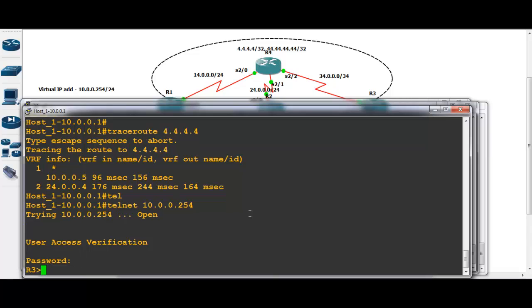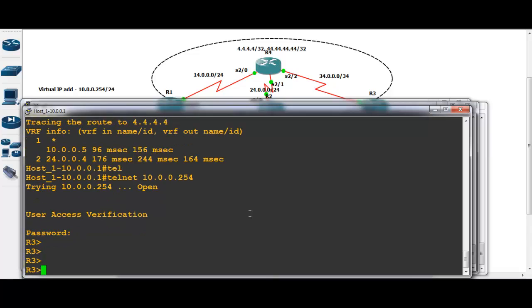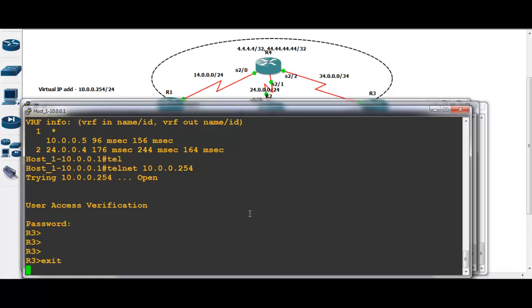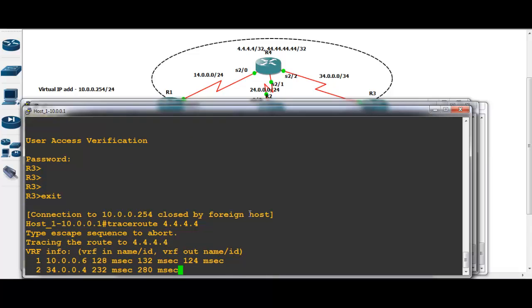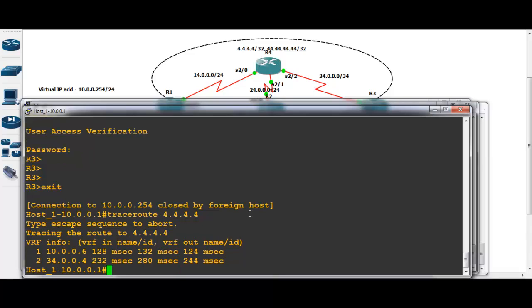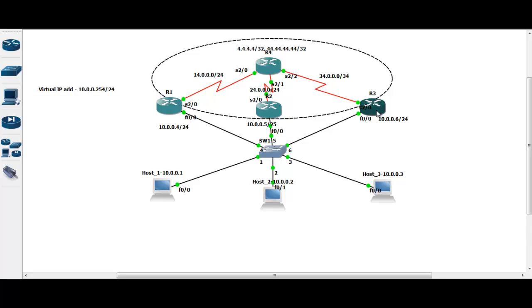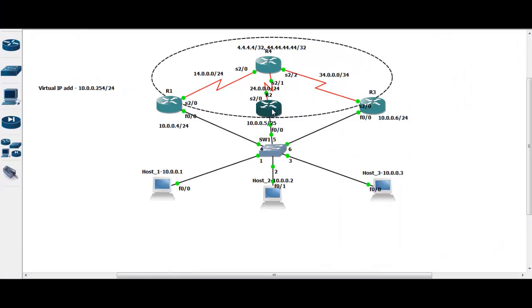I see router 3 now, which means that's the current gateway. So if I trace route now, it will go via 10.6. You see, it goes via 10.6, not via 10.5. Now if the master goes down, if R3 goes down, you know, R2 will become the master.